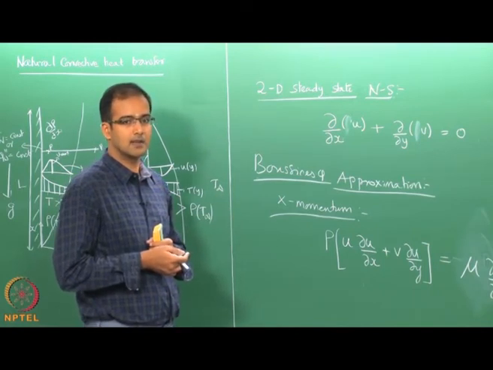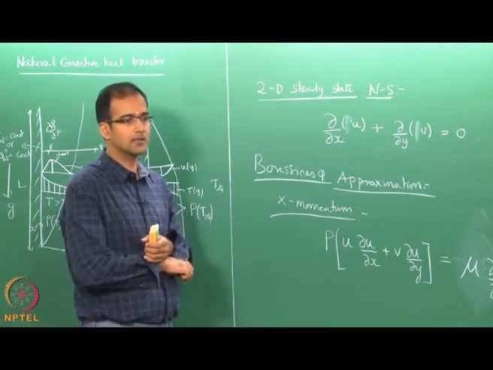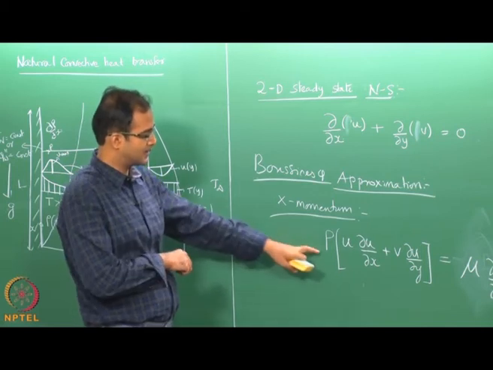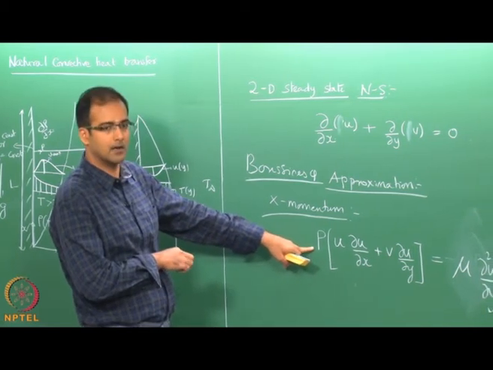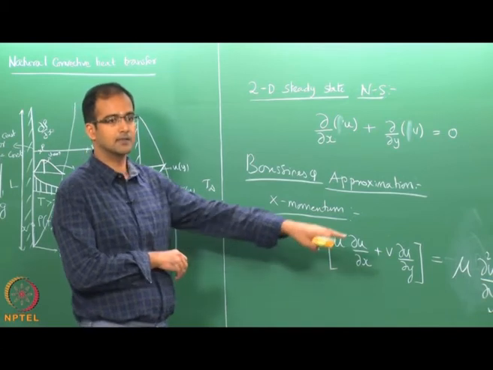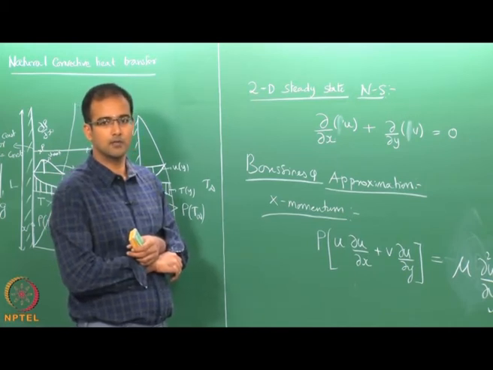So, this is what we call the momentum equation invoking the Boussinesq approximation. The Boussinesq approximation says that the density can be treated as a constant in the advection part, whereas you invoke it as a function of temperature in the body force term.